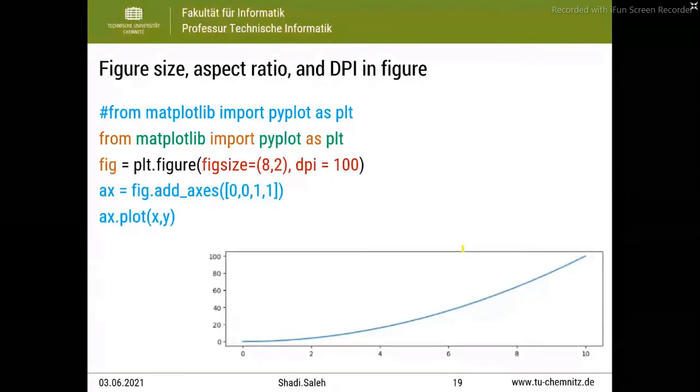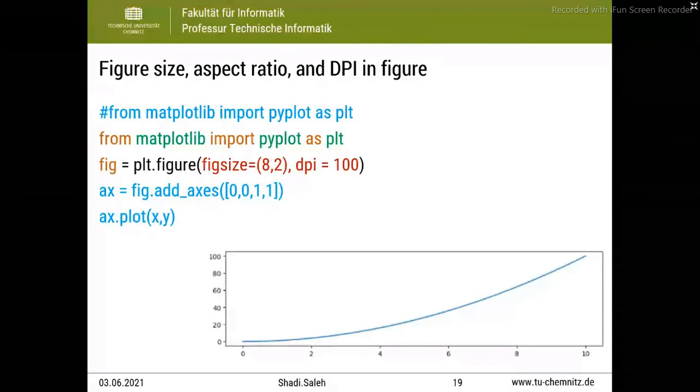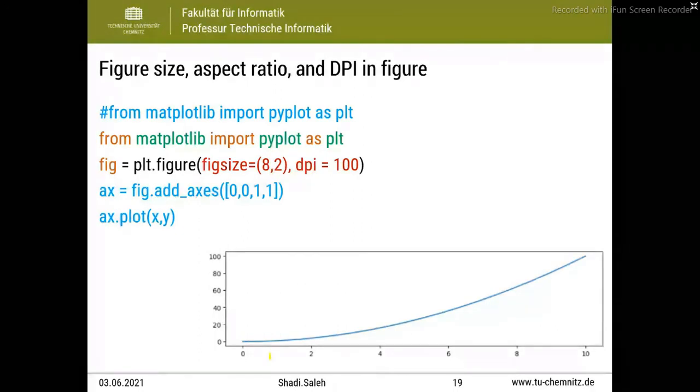So here you can set the figure size, aspect ratio, and DPI as well. DPI is dots per inch, which determines how many pixels the figure comprises, and usually the default DPI in Matplotlib is 100. Here we are setting 8 and 2.